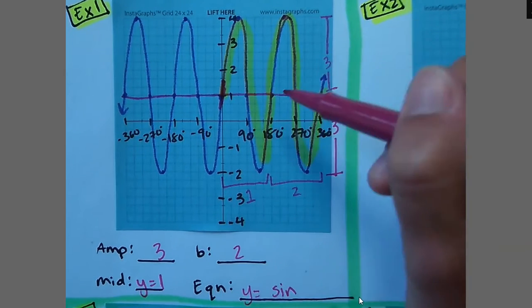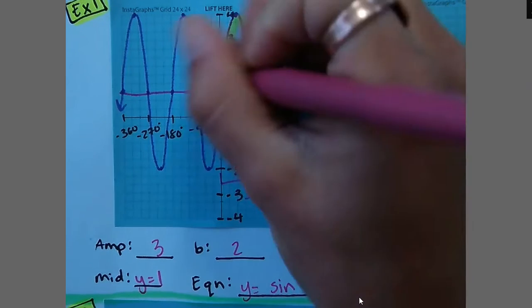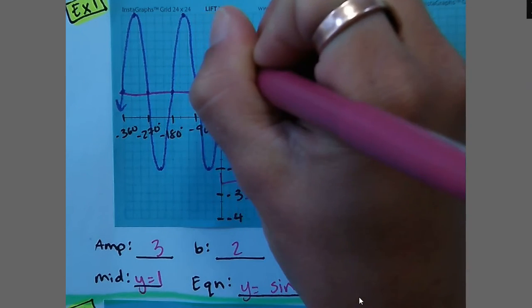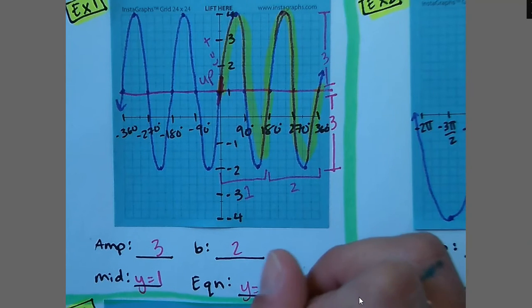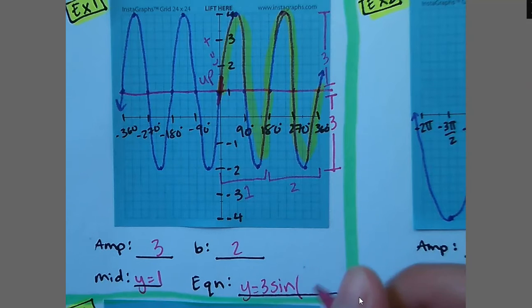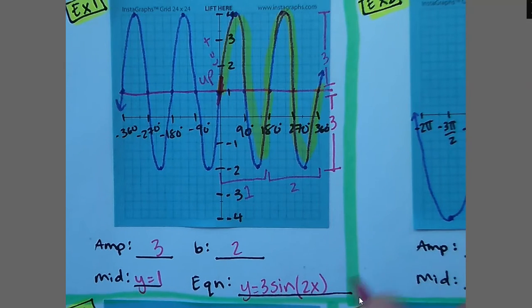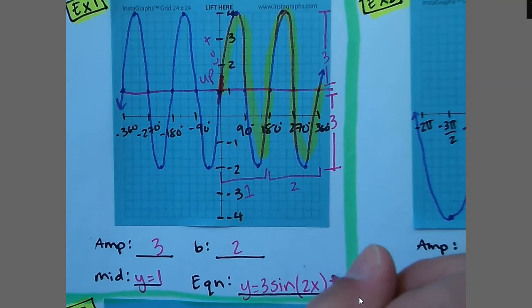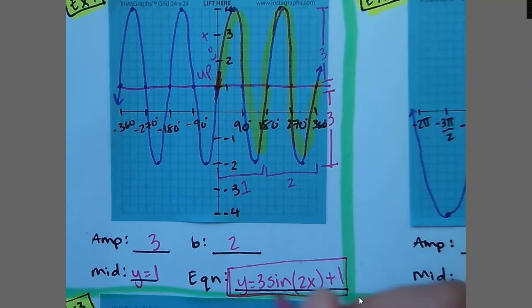The amplitude is 3, and it's going to be positive 3 because this is an upward slope. Up, that means positive, okay, so up, positive. So it's going to be 3 sine, and then of, it always goes bx, so 2x, and then plus the midline on the end, so plus 1. Okay, so this is your equation for the first graph.